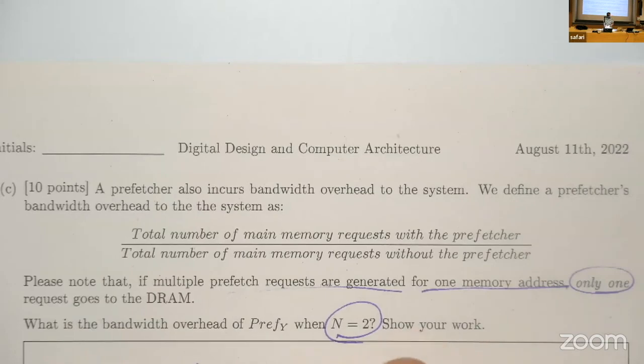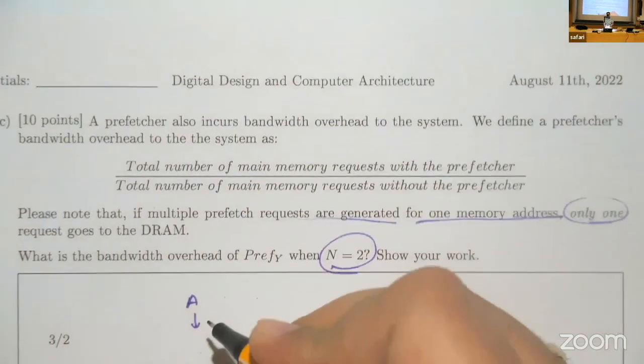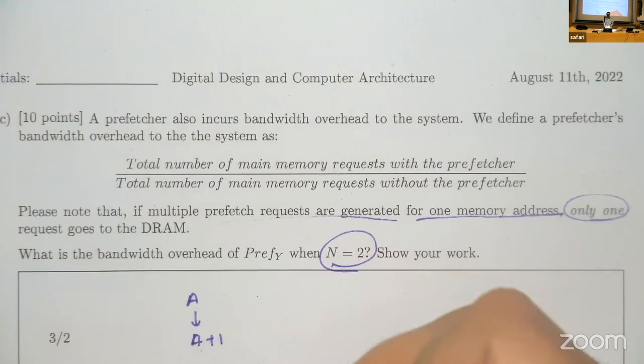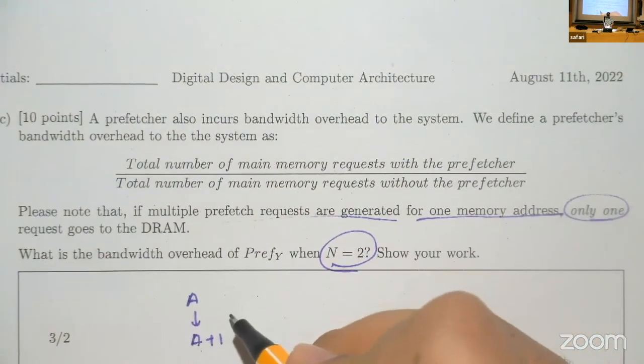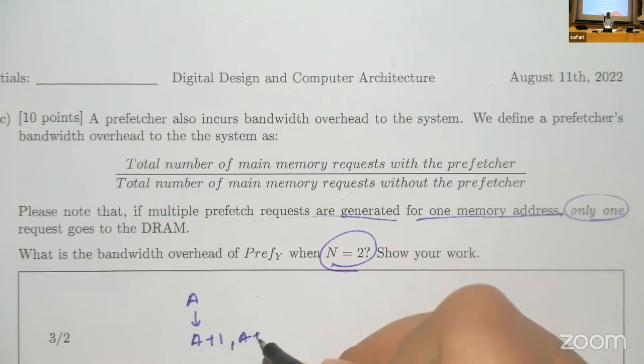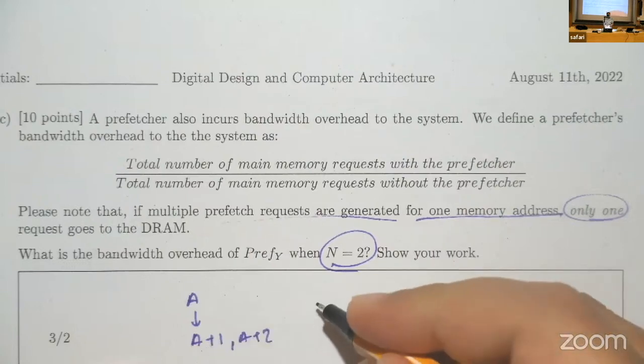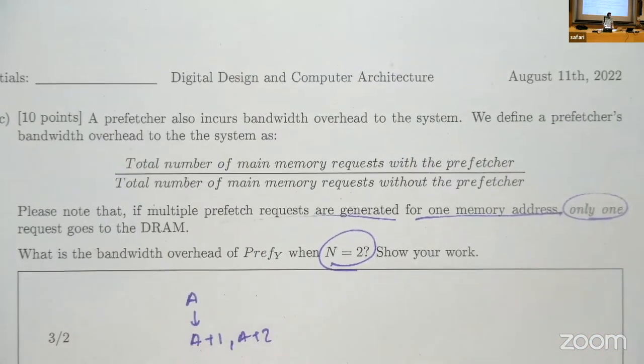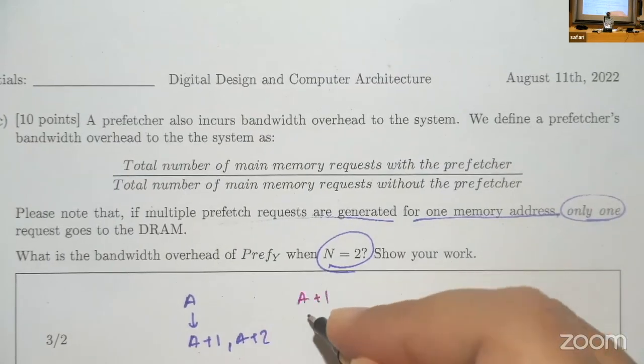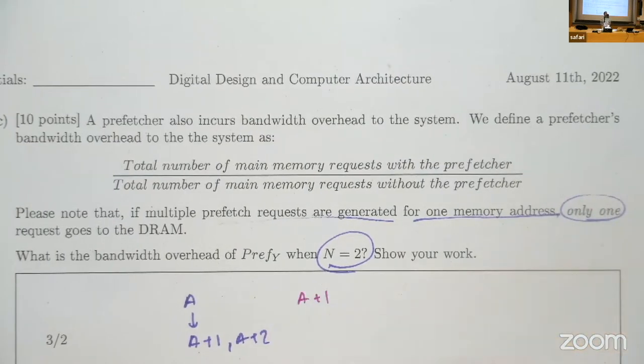And then this creates a prefetch request of A plus 1, and then an A plus 2, right? So later in time, you need to access A plus 1, right? But you don't create this memory request because you already prefetched A plus 1. So you don't have to do this access, right?